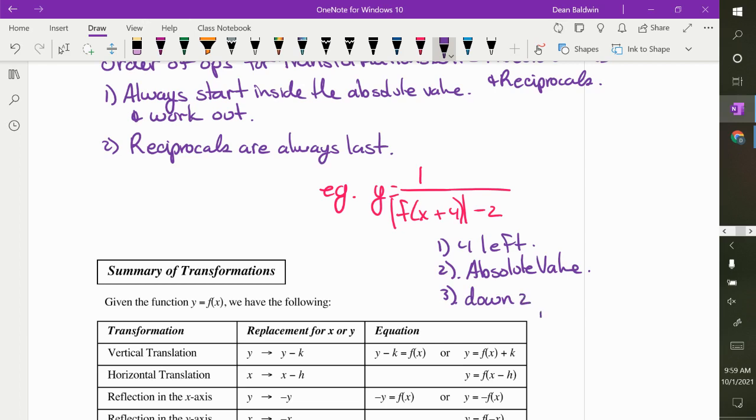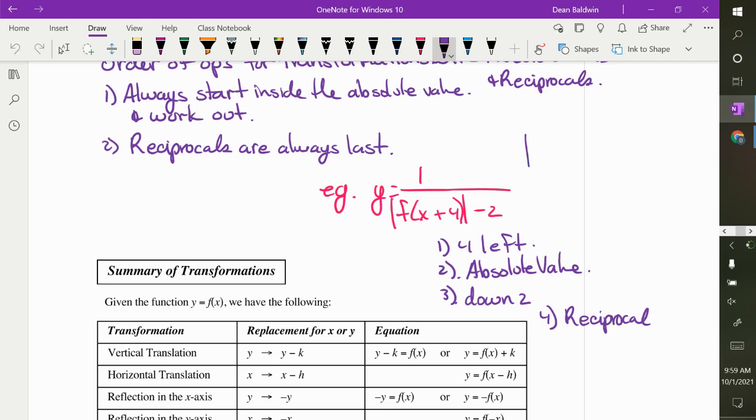And then what is the final thing? The reciprocal. And you know it's a reciprocal because it's 1 over. That's the last thing you do when you're graphing it. So you would move the original graph 4 units left, then you would absolute value it, then you'd move it 2 down, and then you do the reciprocal. If you have an absolute value, it's telling you to start inside there and work your way out.